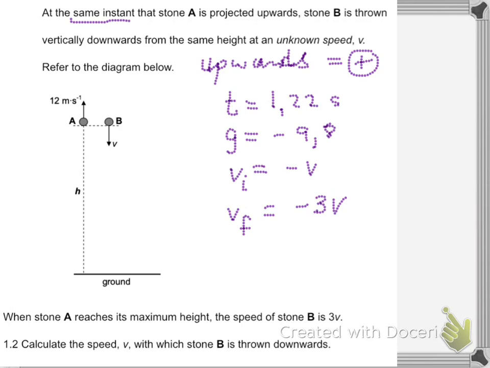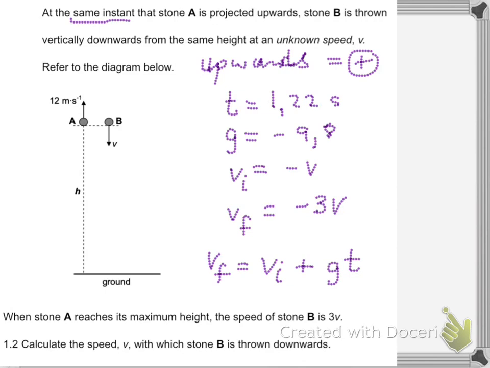Only unknown is v, but we can now assign a formula that we can use for stone B. Let's use the same one that we've used before: v final is equal to v initial plus g multiplied by t. You all understand that. So that's the formula that we use.